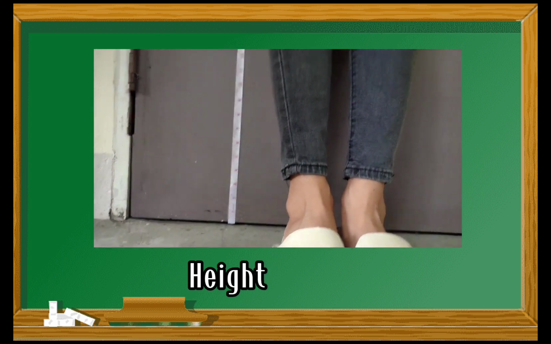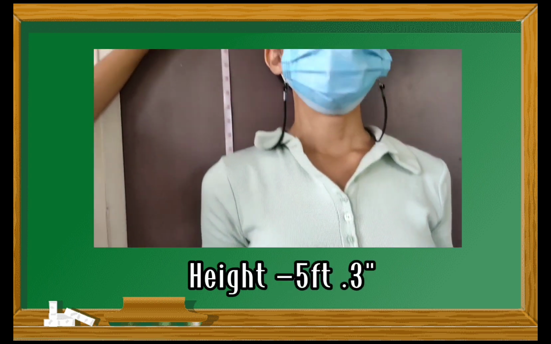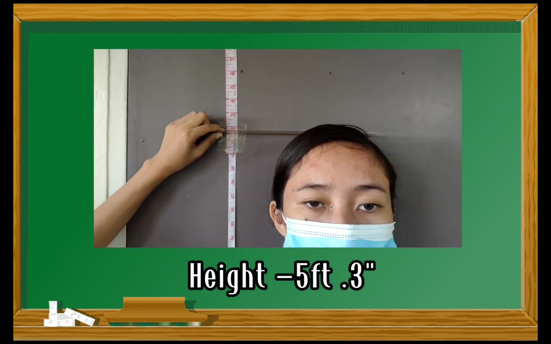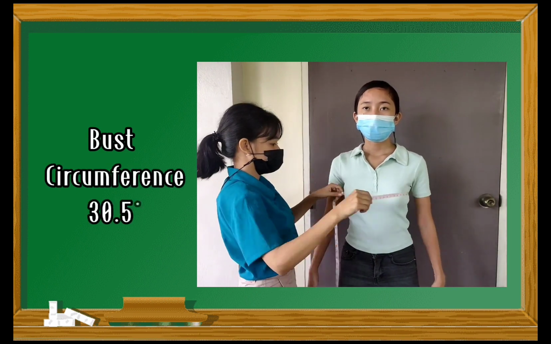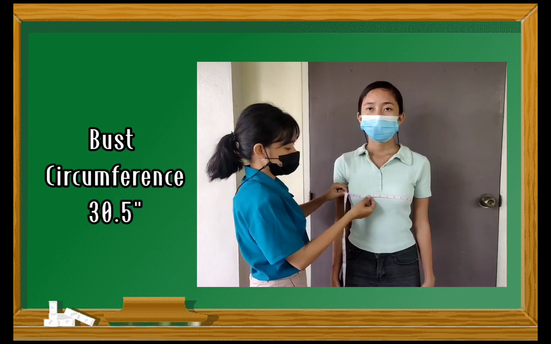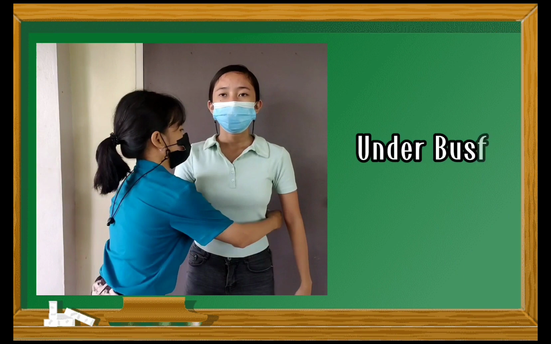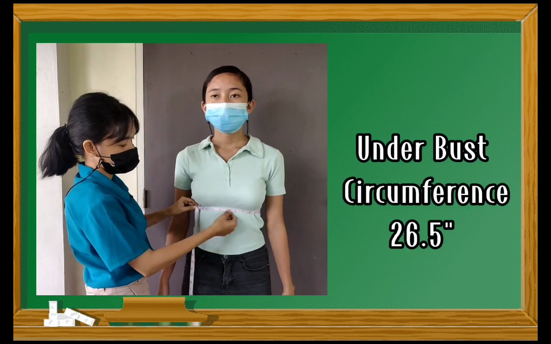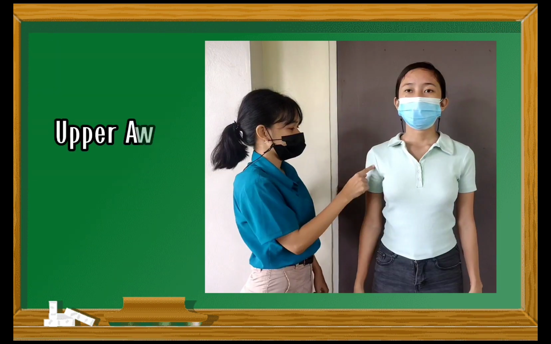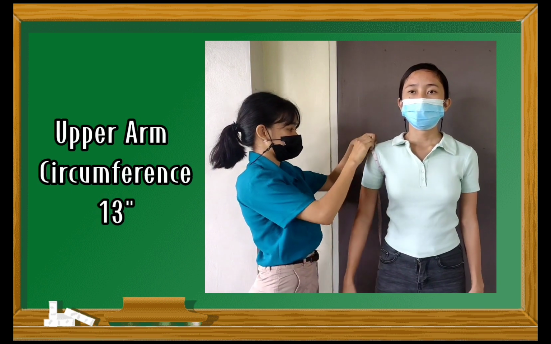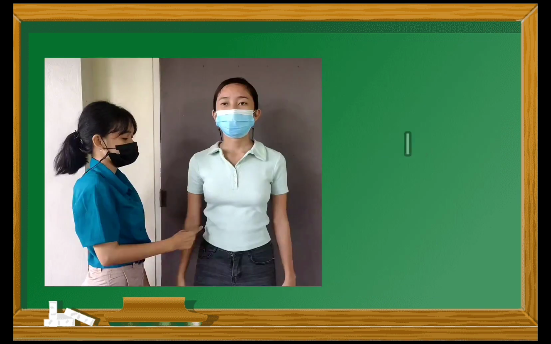Here are the needed body measurements in making the pants pattern in Taylor Nova. Height 5 feet 0.3 inches. Bust circumference 30.5 inches. Under bust circumference 26.5 inches. Upper arm circumference 13 inches.